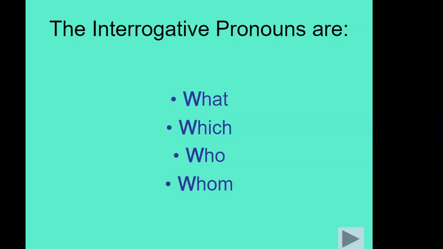London, which is the capital? Who? Also who will be. Here you can see what, which, who, whom, when, why. In what cases? And a lot of others, whose, for example. A lot of interrogative pronouns can be used.